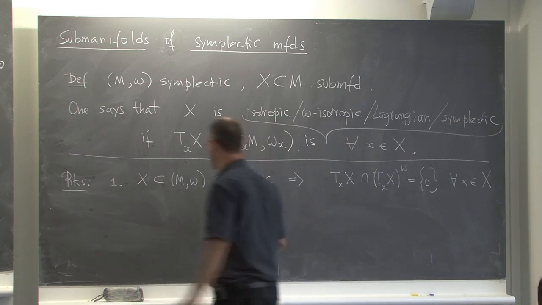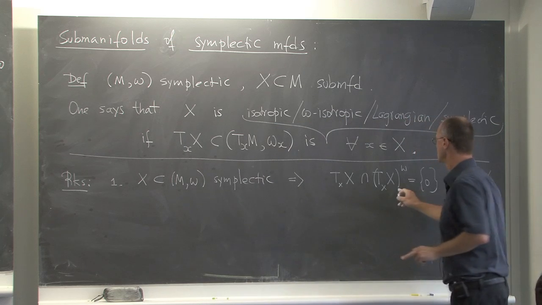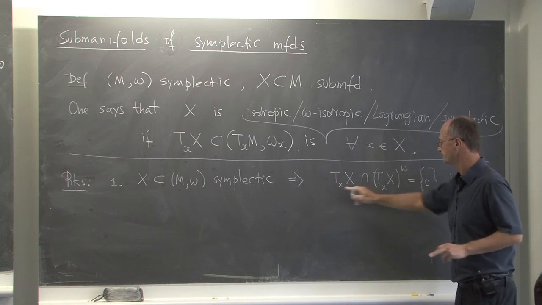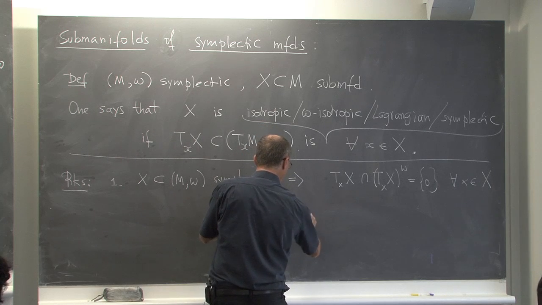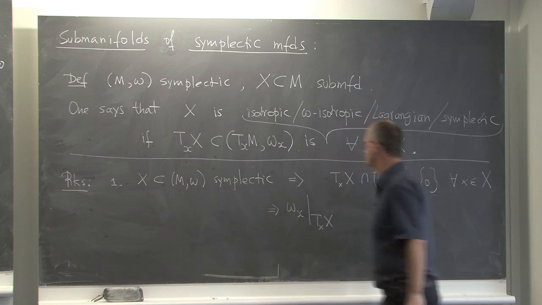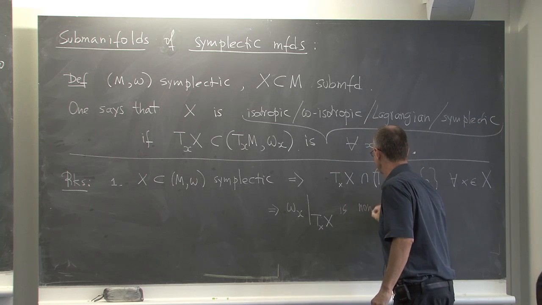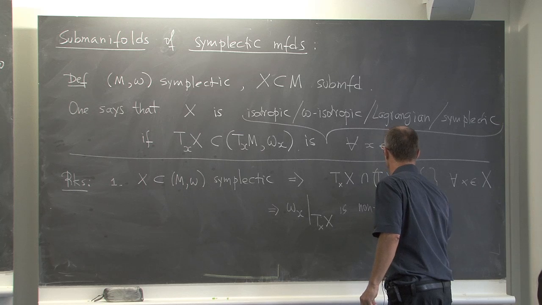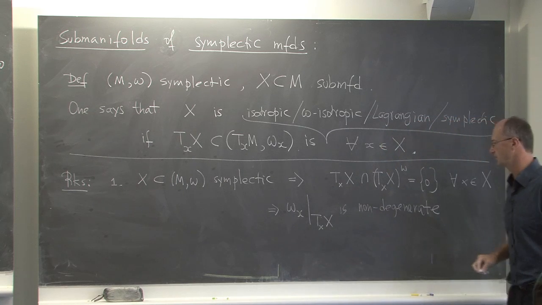And we'll have an exercise saying that if this is the case, then omega_x restricted to the tangent space T_x X is actually non-degenerate, right?